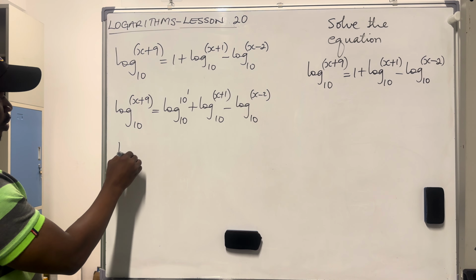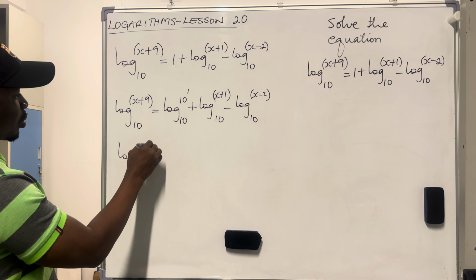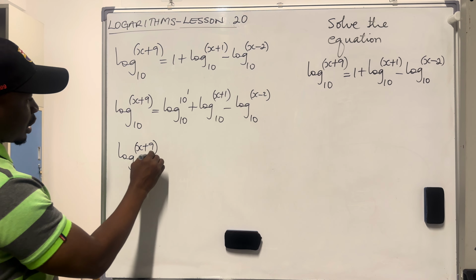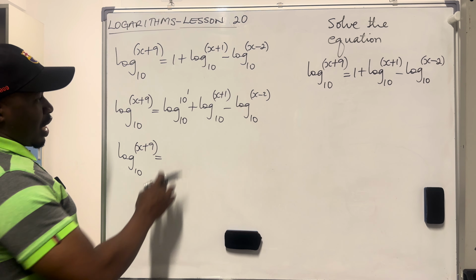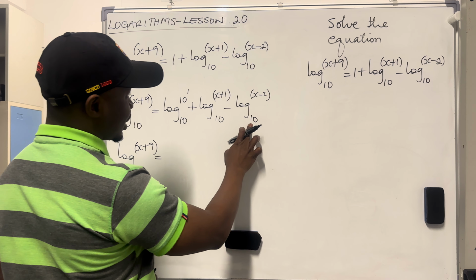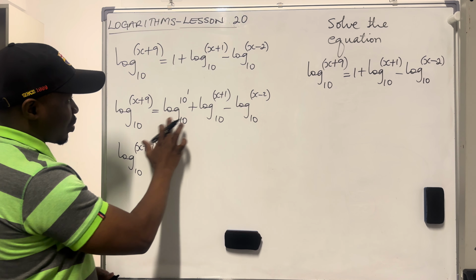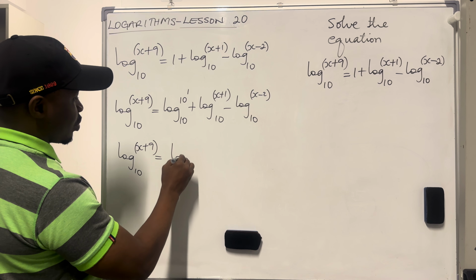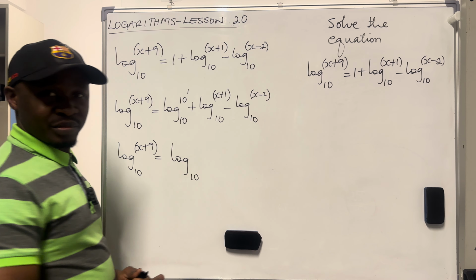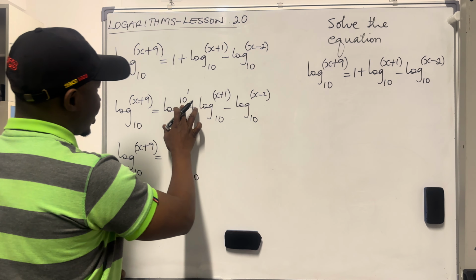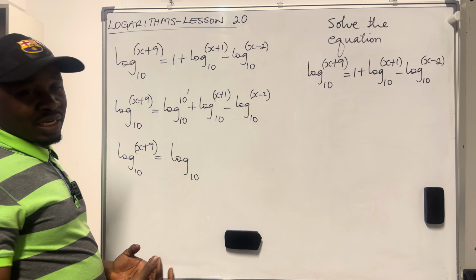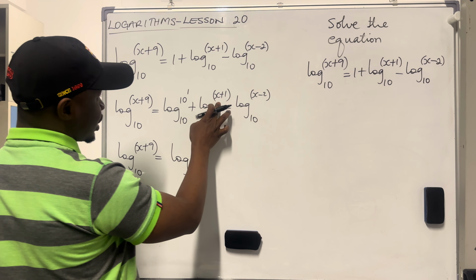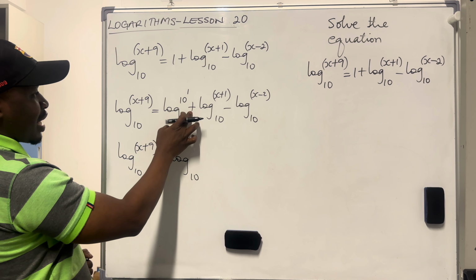So here continues with (x + 9) base 10 equals, you can see base 10, base 10, base 10, and there is nothing in front of any of the logs here. So we can consider one base. 10 to the power 1, of course, is 10. Between this log and this log, they are connected by a plus sign.